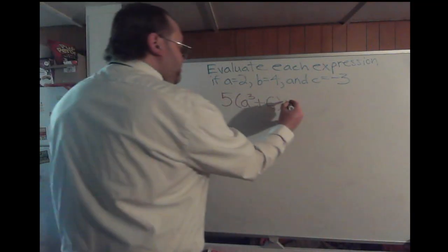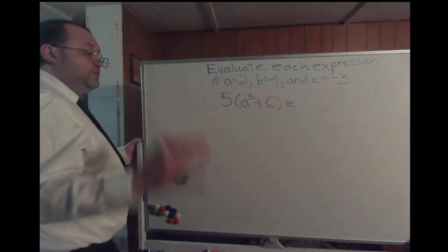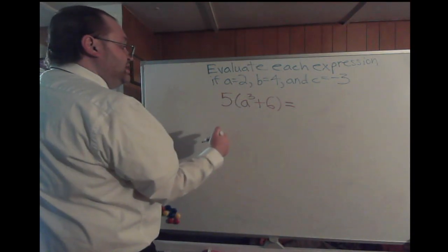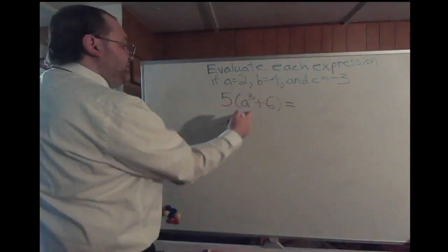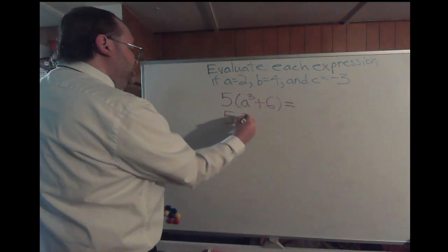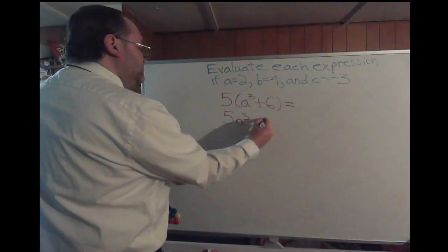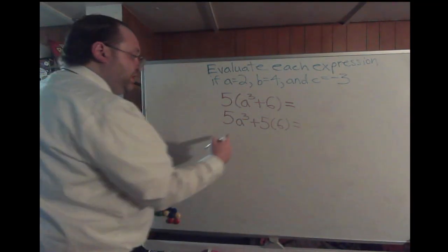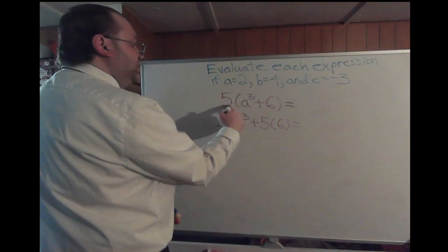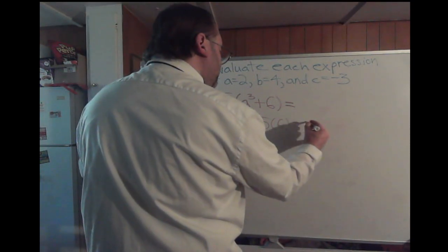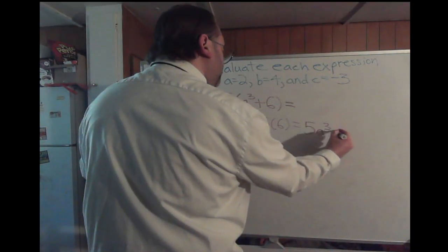Remember the distributive property. Before you even do any substitutions or anything like that, go ahead and distribute this. So when you do a distributive, you'll have 5 times a cubed. You'll have 5a cubed plus 5 times 6, which would therefore equal 5a to the third power plus 30.